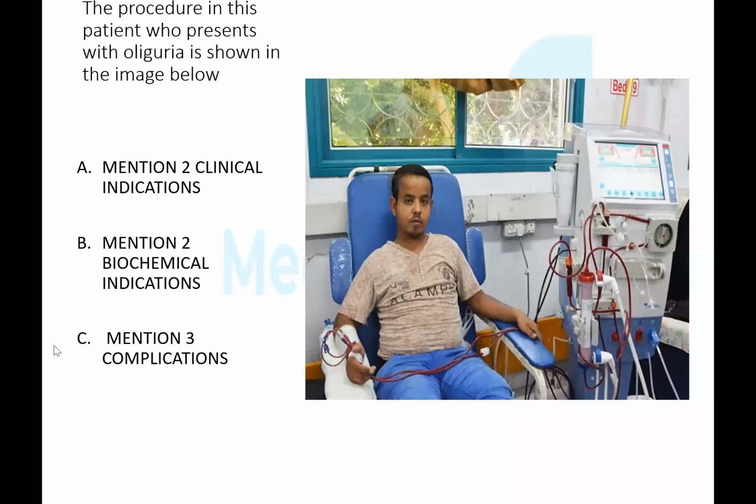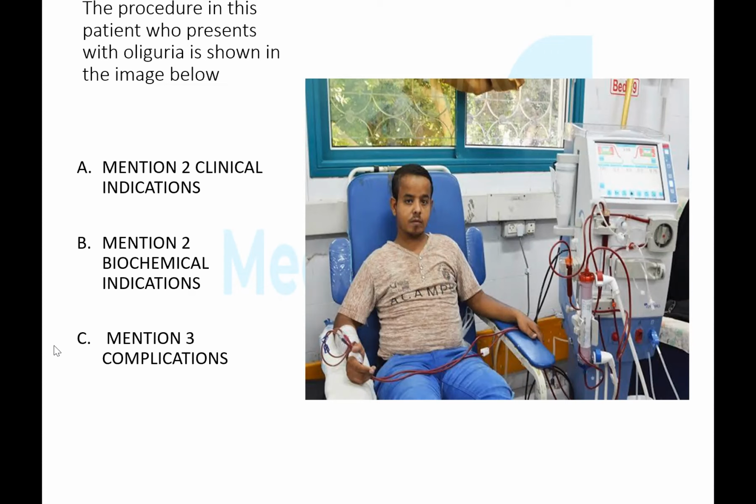Number one, there is hyperkalemia. Yes, so what are the other things? Uremic pericarditis, uremic encephalopathy, uncontrolled hypertension. Encephalopathy, yeah, exactly.